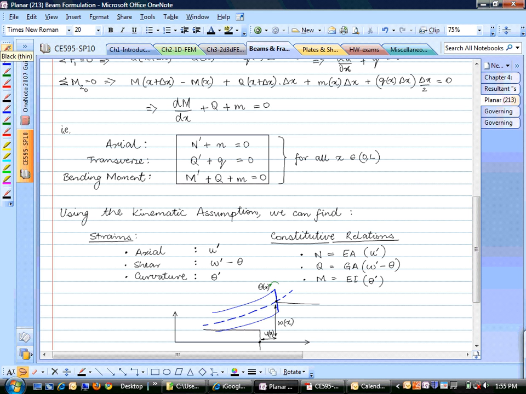Just to show you again here, the normal to the cross section is this direction, and I just told you that this angle is theta. The tangent to the centroid line is this direction, and this angle is W prime. So the remaining angle between these two is W prime minus theta, and that's the shear angle, gamma. That's by how much the cross section is going to shear.